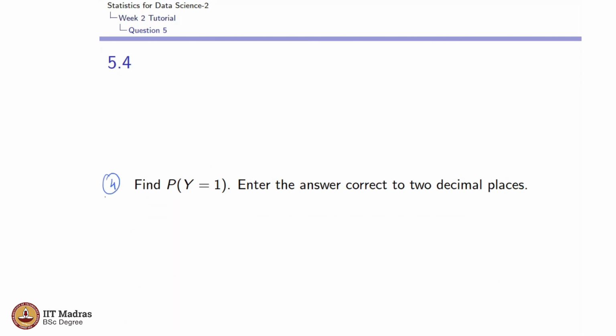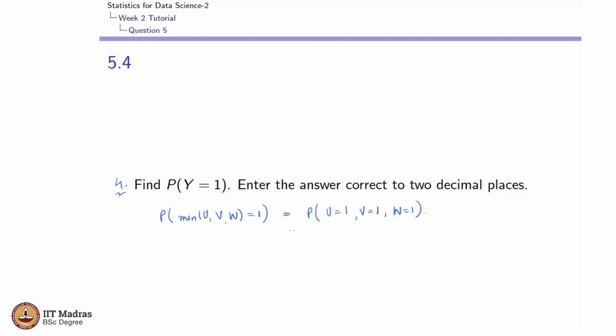Now the fourth part of this question is to find the probability Y equals 1. Y is the minimum of U, V and W, and we have to find this equals 1. The minimum is going to be 1 only if all of U, V and W equal 1.